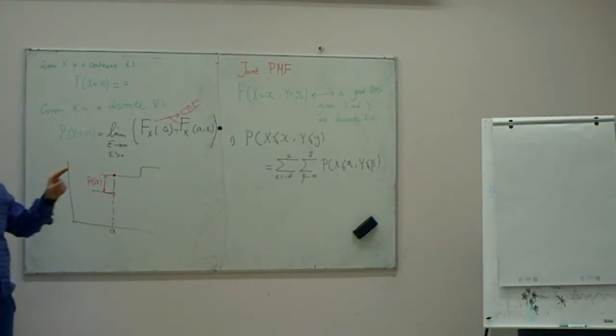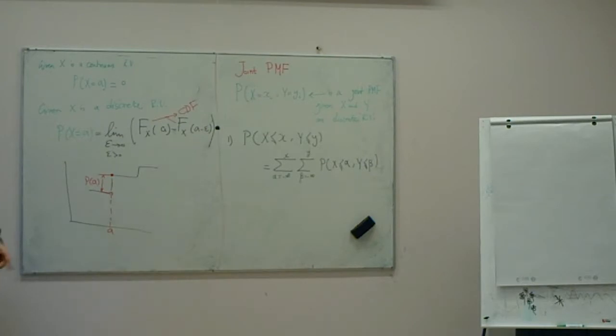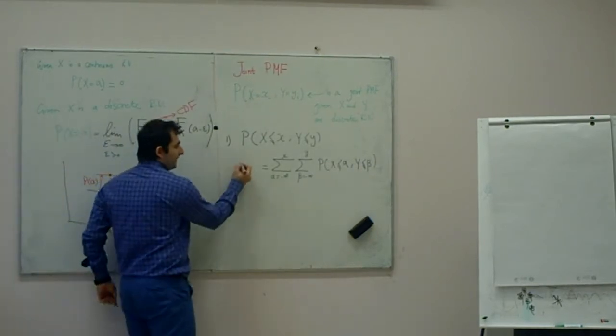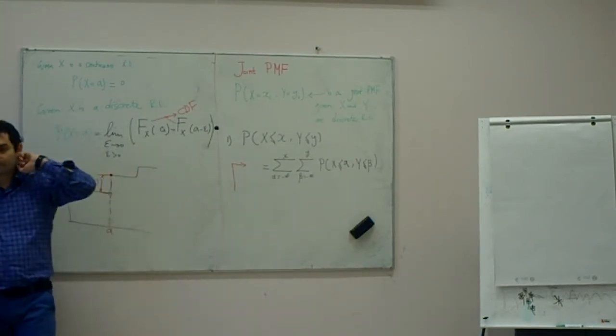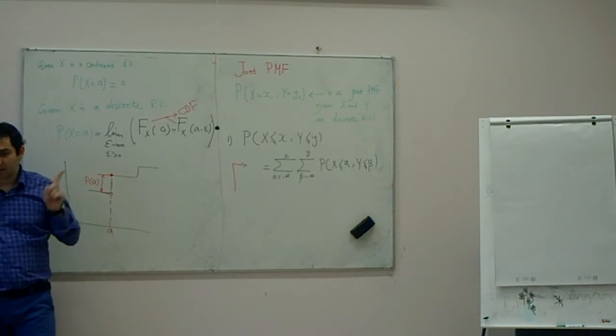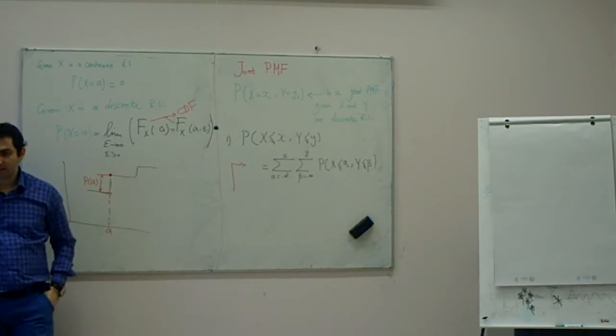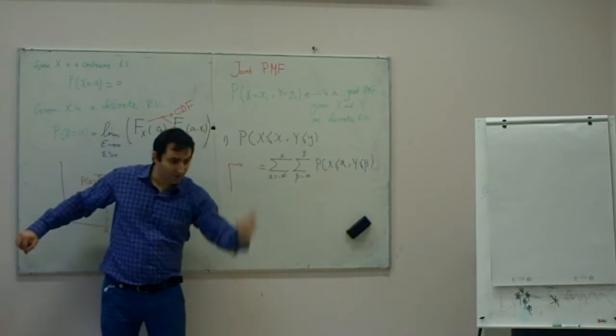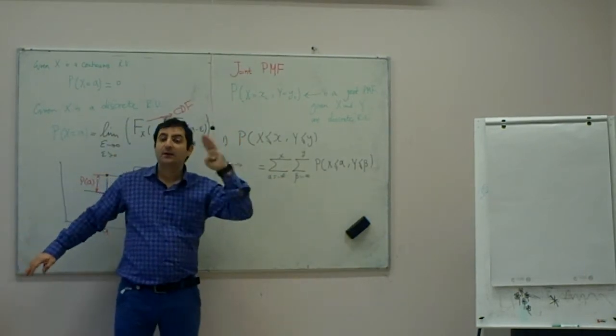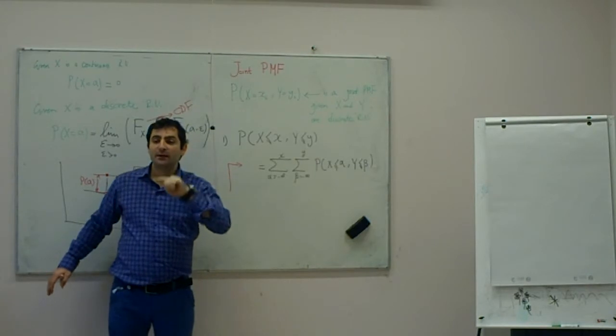Do you know what this probability function is called? We just talked about it at the beginning of the class. The addition of probability from minus infinity to a value. It's called the CDF.